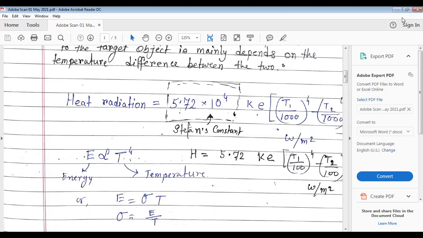okay, I am sharing another slide because this is not shown properly.